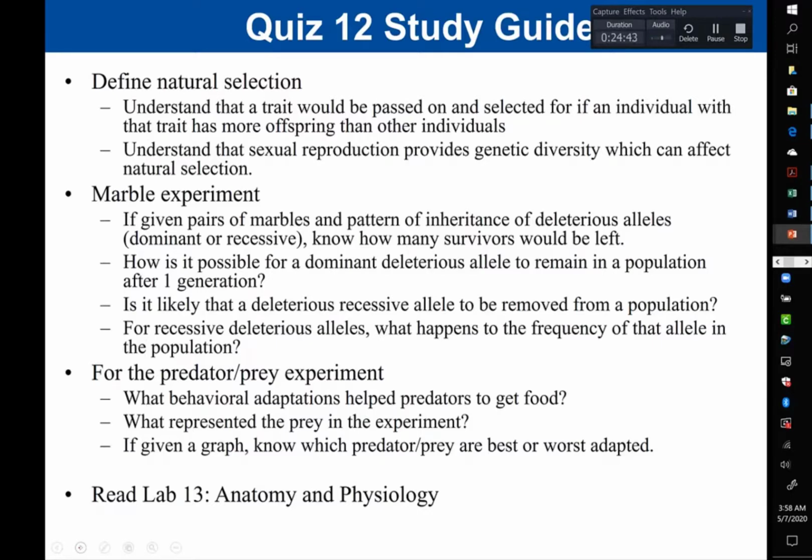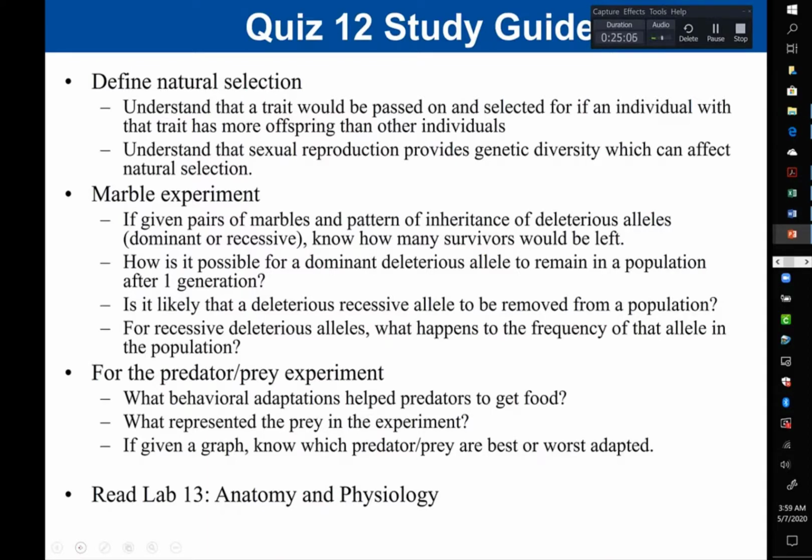Organisms that have more offspring are going to pass those traits on with greater frequency than an organism that has fewer offspring. And so again, it's not just survival that matters. Yes, survival definitely does play a role, but it's not limited to only survival. It has to also include reproduction, right?